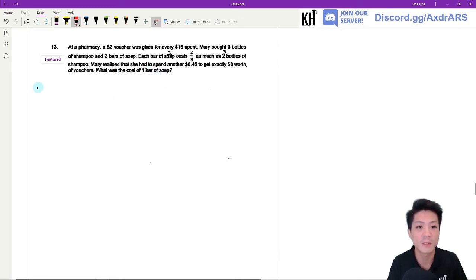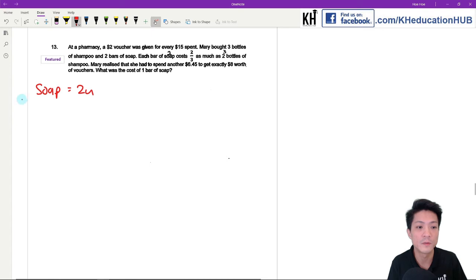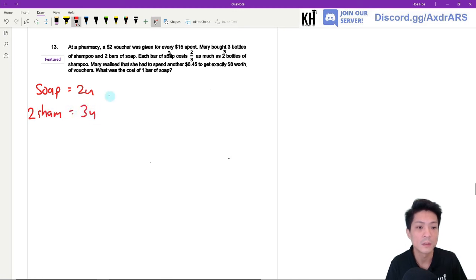Okay, let's start off by writing this down. Soap. If we let it be 2 units, okay, then 2 bottles of shampoo is equals to 3 units. Okay, Mary bought 3 bottles of shampoo and 2 bars of soap.